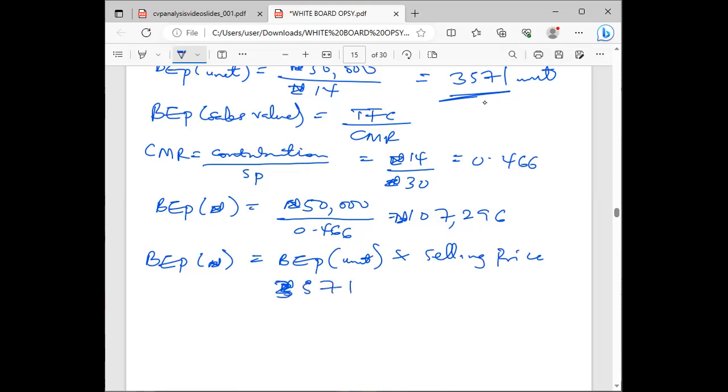3571 multiplied by 30 gives 112,530. So what could be the cause of the difference?